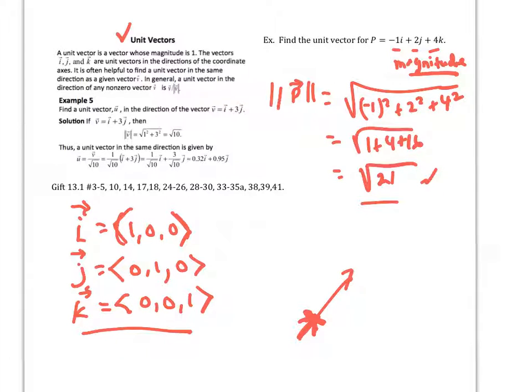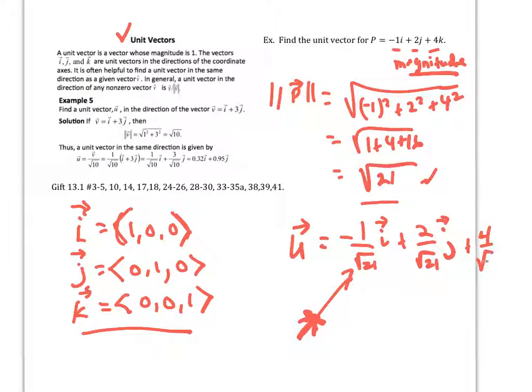So if I want to do this unit vector, let's call it U, all I have to do is take my existing one, -1 over the square root of 21, I, and then plus 2 over the square root of 21, J, and then plus 4 over the square root of 21, K.